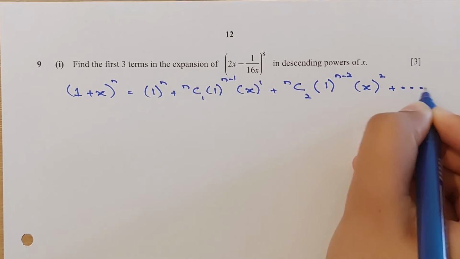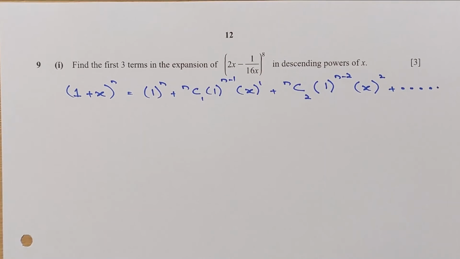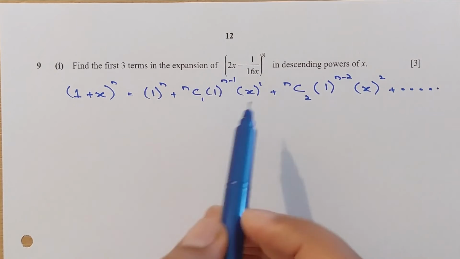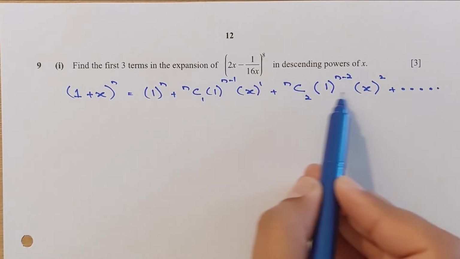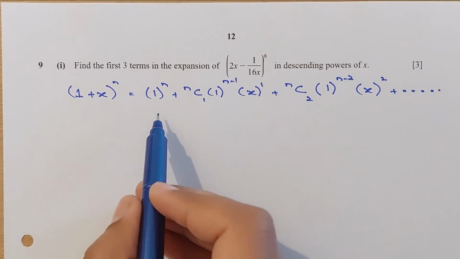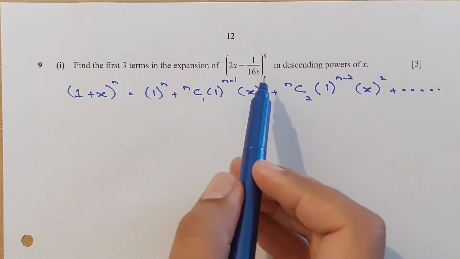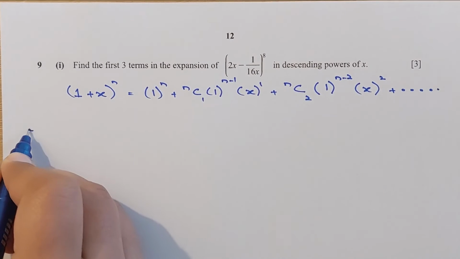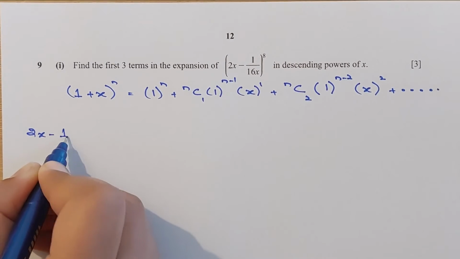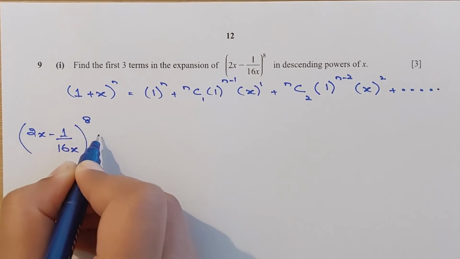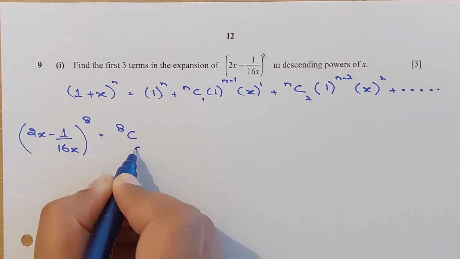So we have to find the last three terms basically. In the last three terms, the first term's power is decreasing by 1 and the second term's power is increasing by 1. The last term is (2x - 1/16x)^8, so the last term is 8C8.